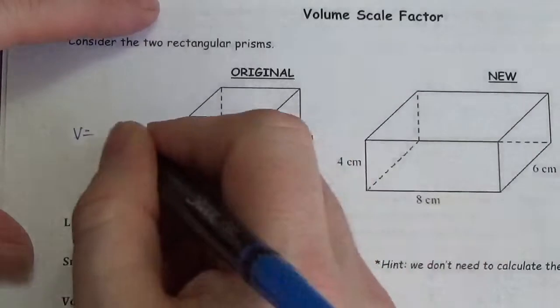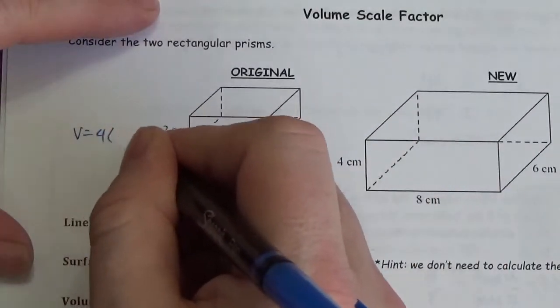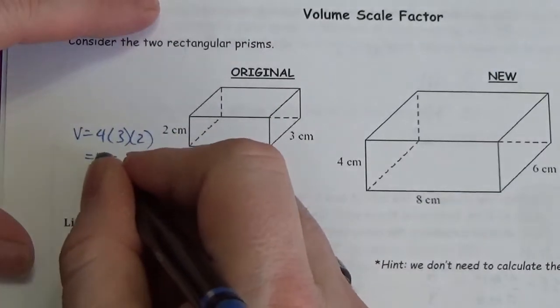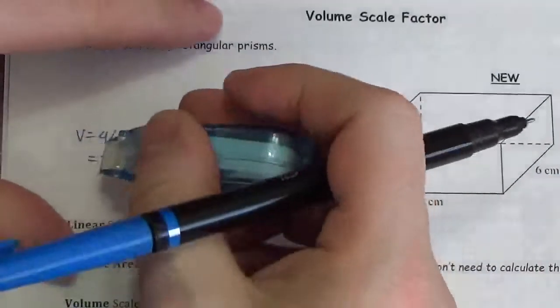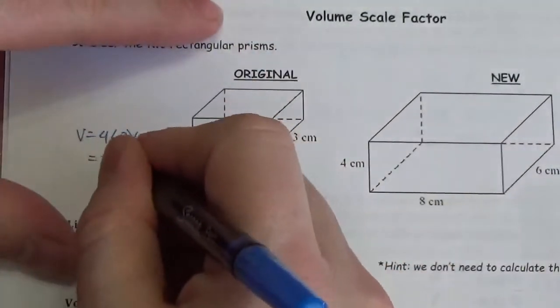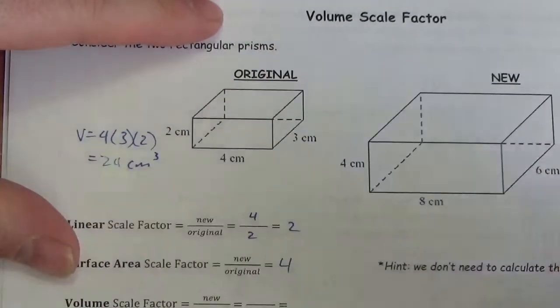The volume here is going to be length times width times height. This is going to be 24 centimeters cubed.